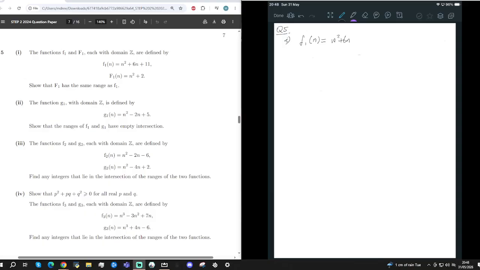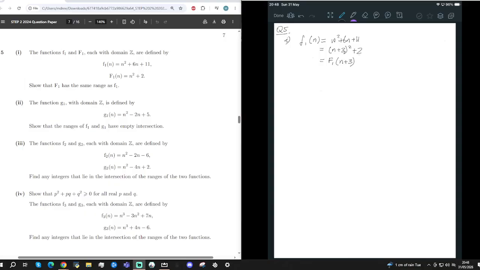Currently, it is in just expanded quadratic form, but if I complete the square, I can rewrite it as (n+3)^2 + 2, and now that looks almost identical to capital F1, except now we have the input of n+3 rather than F1's normal input of just n.